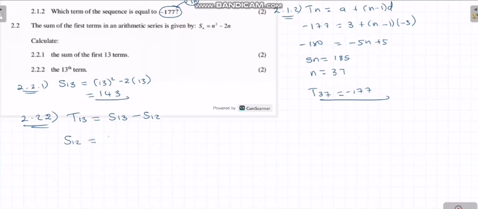Where we see n, we'll put 12 squared minus 2 into 12, which is 120. Therefore, term number 13 will be equal to 143 minus 120, which is 23.